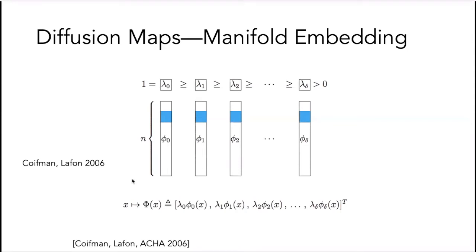And because this is a Markov matrix, its eigenvalues range from 1 down to 0, and its eigenvectors give you what's called a diffusion map representation, where points in your original data space, for example, the second data point, have new embedded coordinates given by these eigenvector entries, weighted by the eigenvalues.